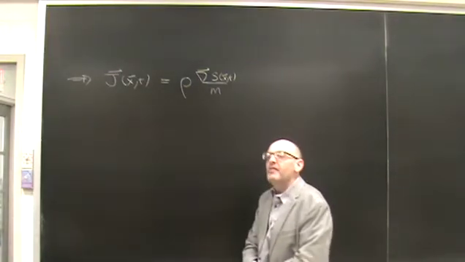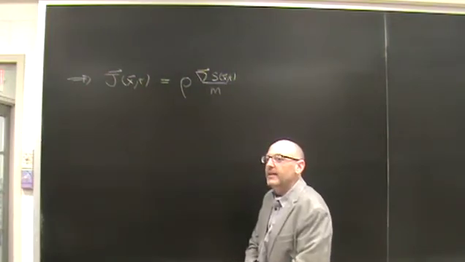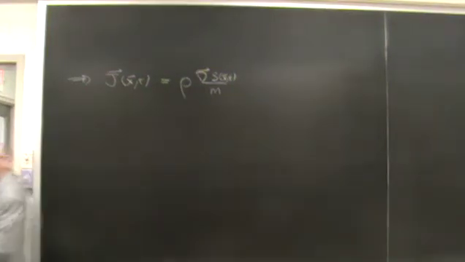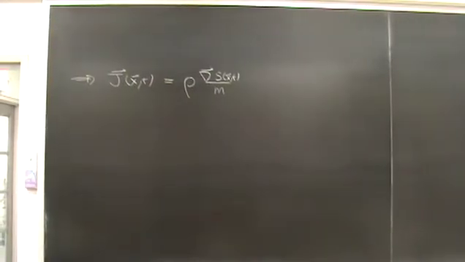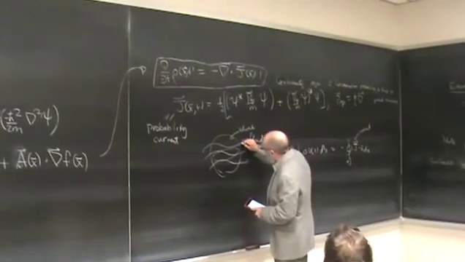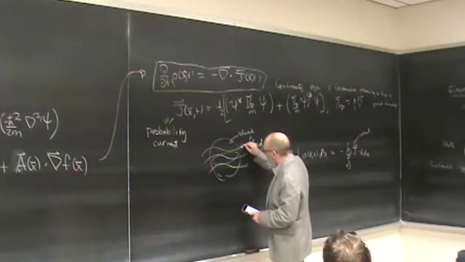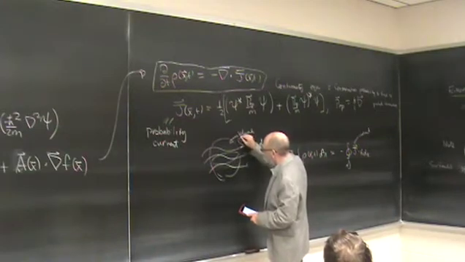Now, if I have a fluid, let's go back to our picture of the fluid. Let's say that right here at this position, the fluid is flowing with some velocity.